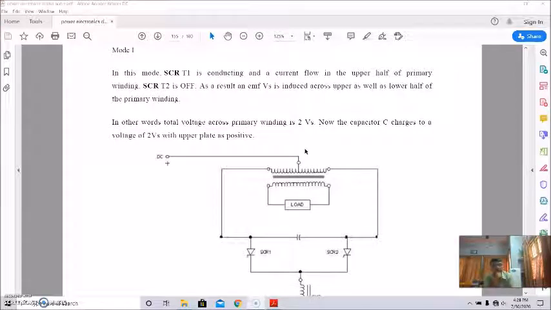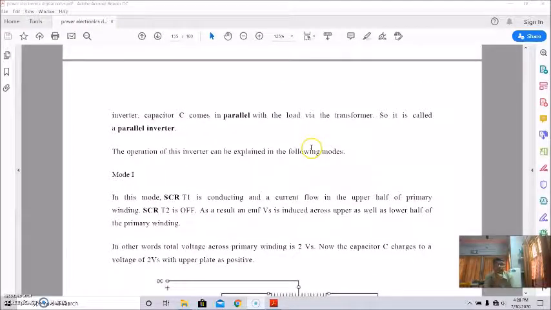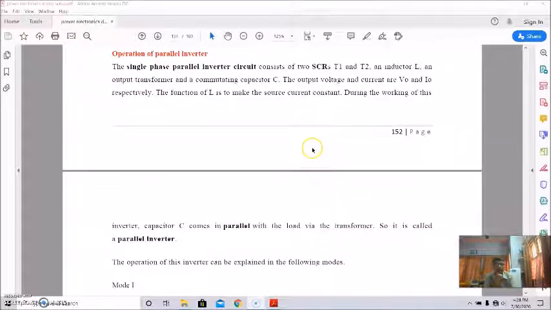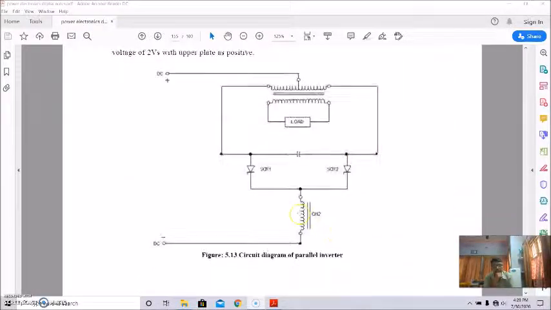Actually, see, the capacitor C comes in parallel with the load via the transformer. So this transformer is connected in parallel.